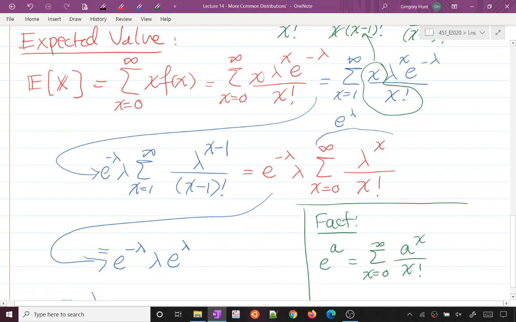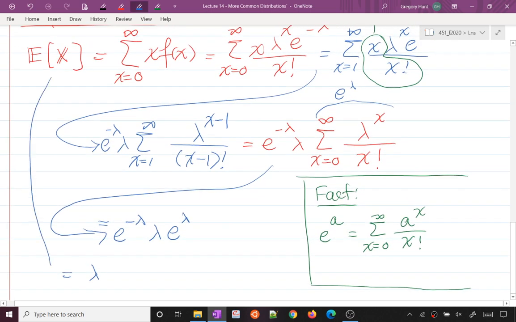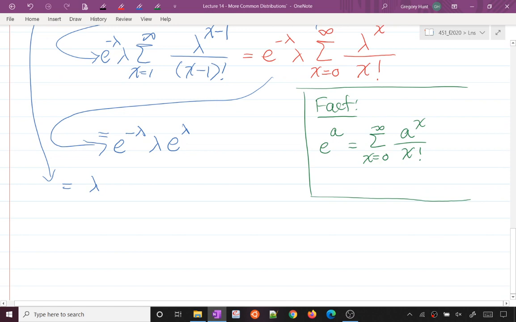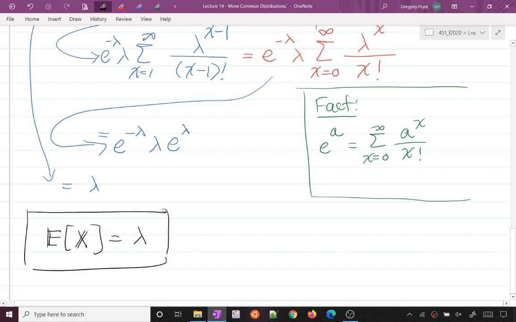And what we're calculating is the expected value, so let's put that in a box. What we have just shown is that the expected value of a Poisson random variable with rate parameter lambda is lambda.